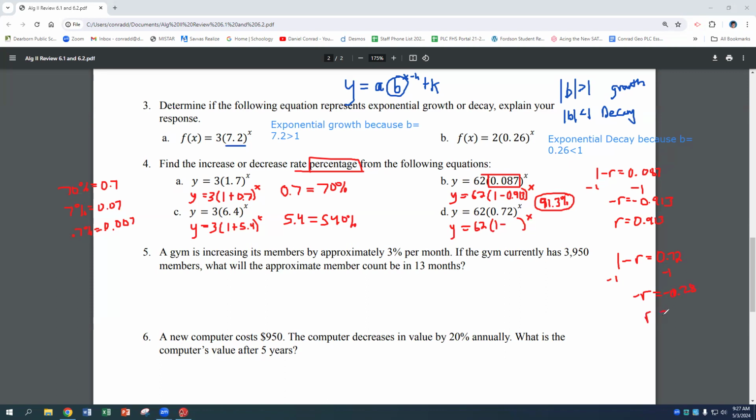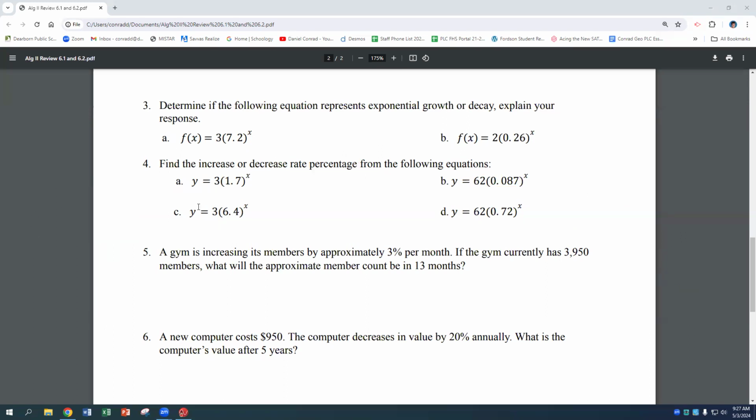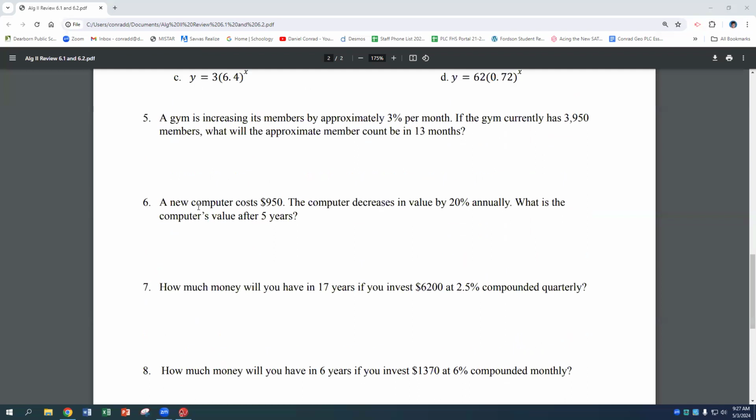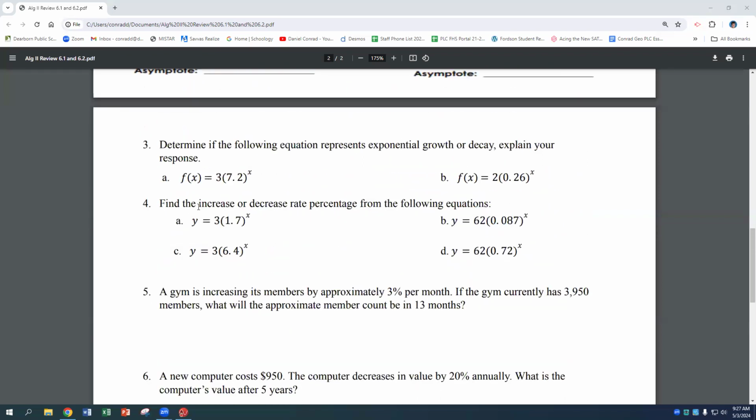And then you get r equals 0.28, which means 28%. It's a decrease of 28%. Good. All right, the rest is 6.2 here, where we just have different types of interest questions.